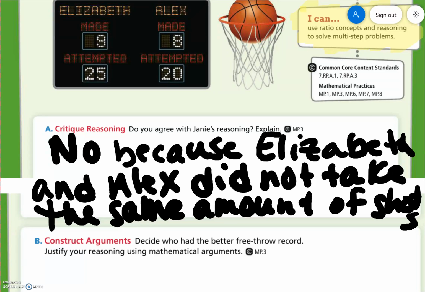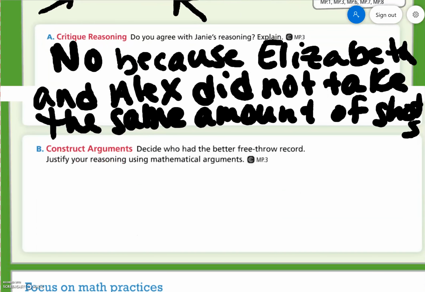So we can't necessarily compare them just yet. In order to really compare them, we have to have the number of shots they took to be the same. So decide who had a better free throw record, justify your reasoning using mathematical arguments.